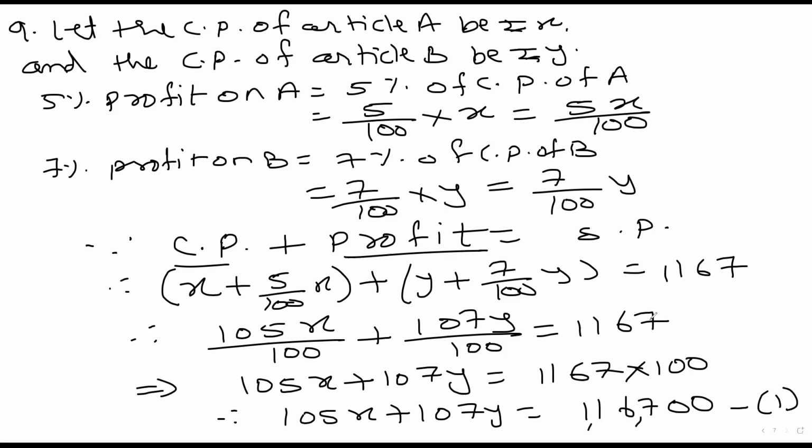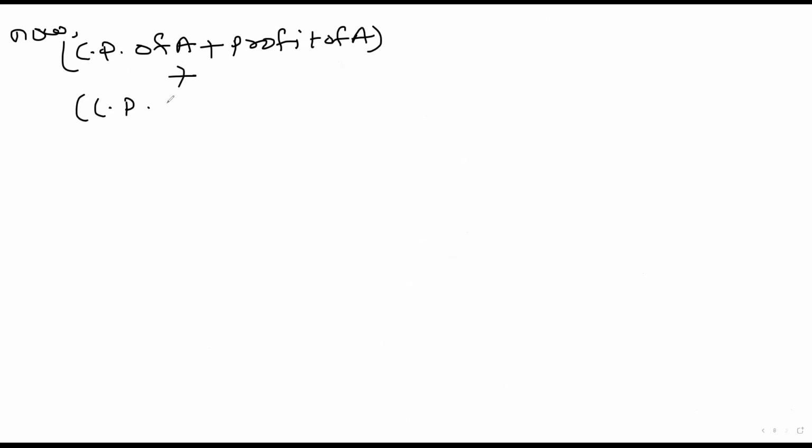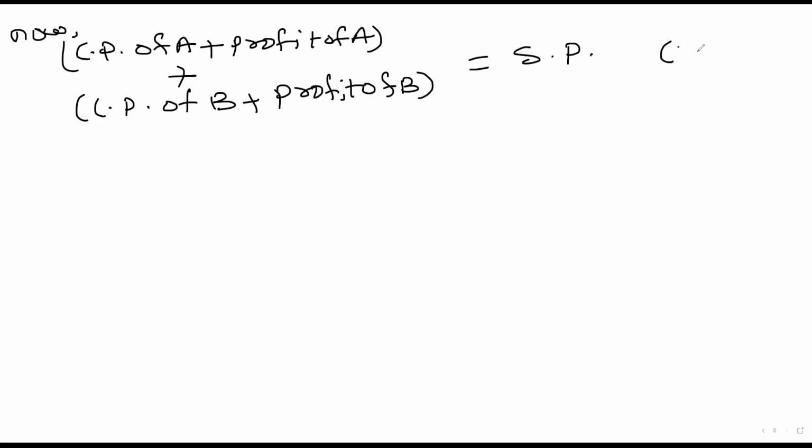Okay. Now we will do the second part quickly. Write down: CP of A plus profit of A plus CP of B plus profit of B is equal to SP, the second condition.